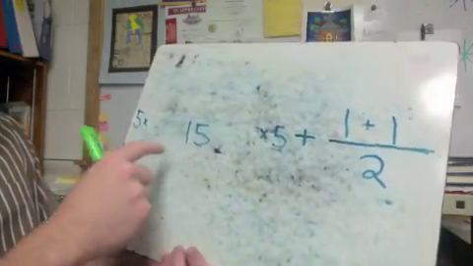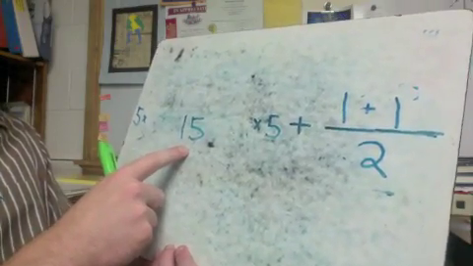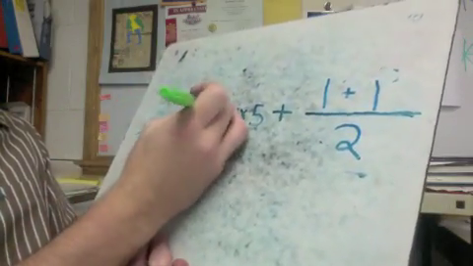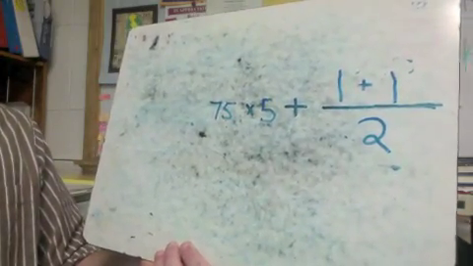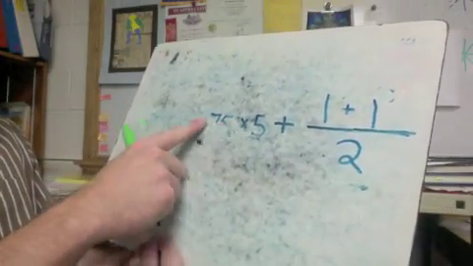So let's do the times first. 15 times 5 I think is 75. And then 75 times 5 looks like it's 375.